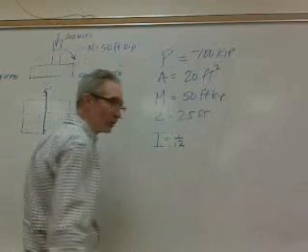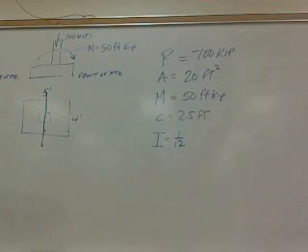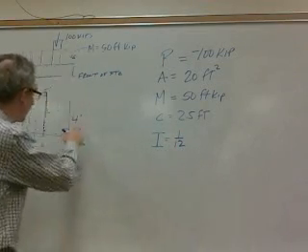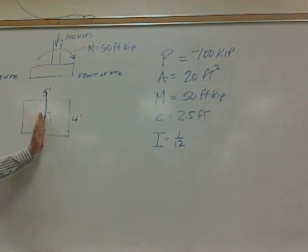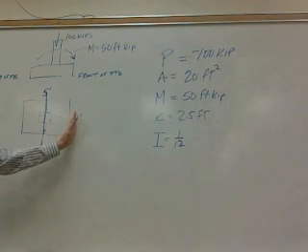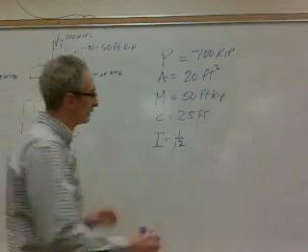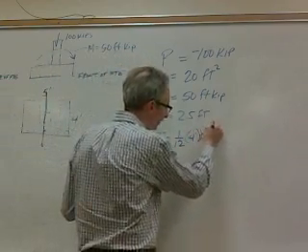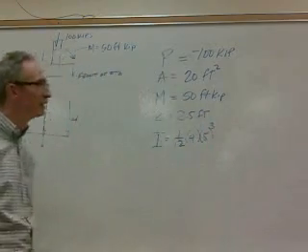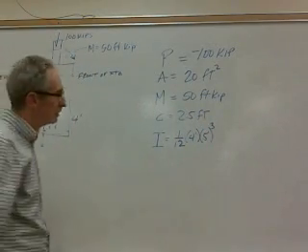For a rectangle, it's 1/12 base times height cubed. Which side's the base here? No, the base is the 4-foot side. The base is always the side parallel to the axis that you're looking at. Okay, so 4 feet. The other side, 5 feet, is the height, and so that gets cubed.